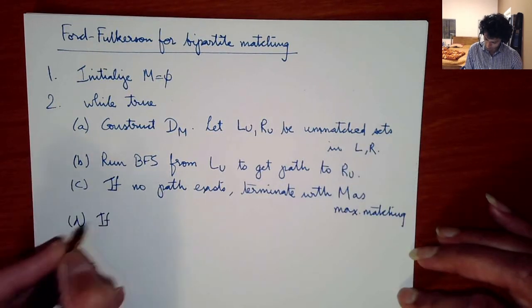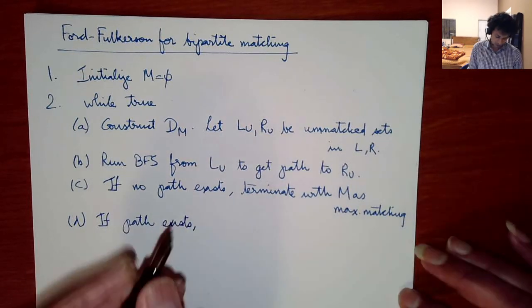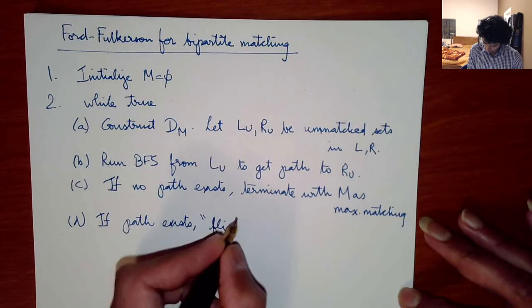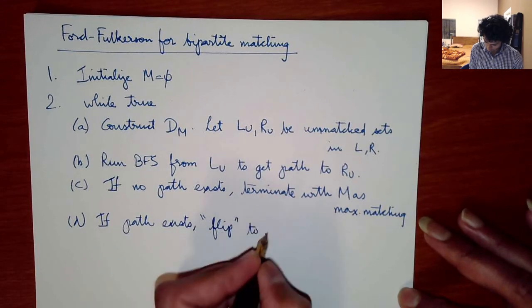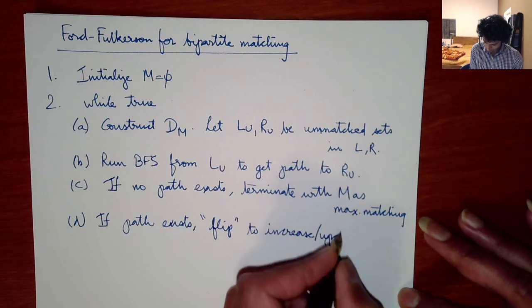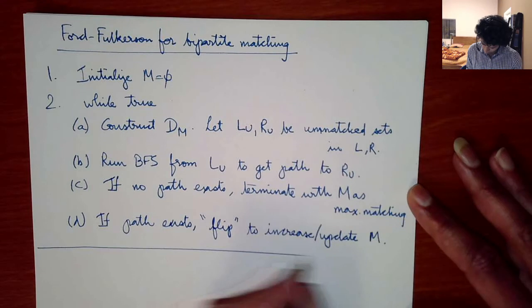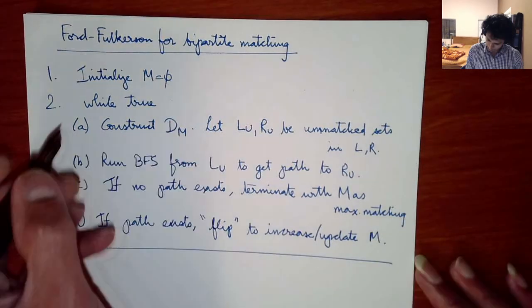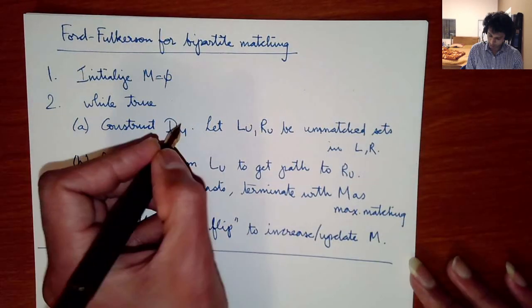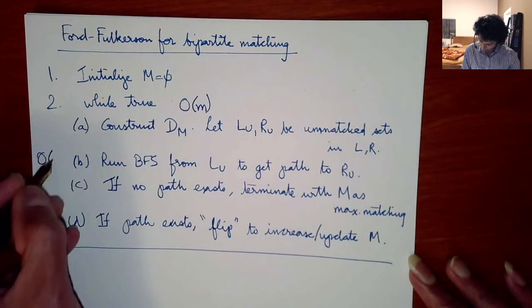If a path exists, then you flip to increase M. Increase and update M. And that's the entire algorithm. So this step over here, the BFS, can be done in O of M.